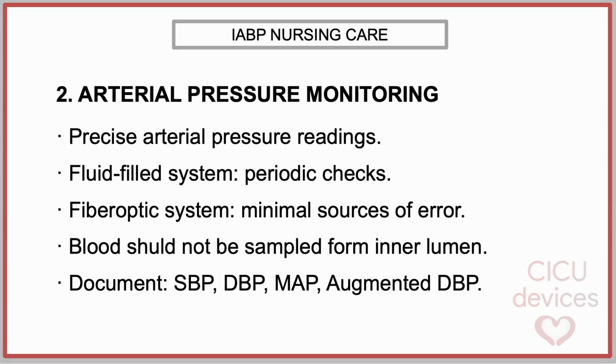Following the fast flush, waveform quality should be reassessed to confirm the restoration of adequate signal morphology. In contrast, in IABP systems that use fiberoptic pressure sensors, the signal is typically very stable with minimal interference and latency. As a result, the need for recalibration or troubleshooting signal-related issues is uncommon. Moreover, fiberoptic sensors do not require continuous flush solutions or pressurized bags, thereby reducing maintenance tasks and potential sources of error.